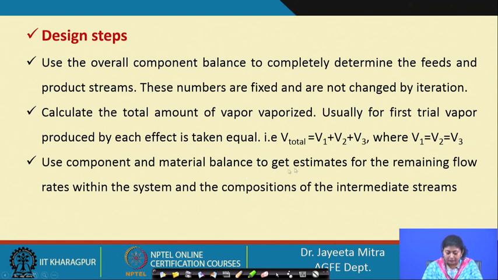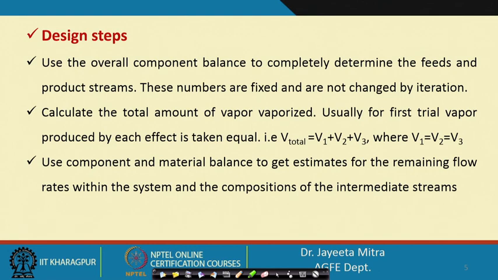That means we need to know the fraction of solid in the streams that are coming out, and that can be done by the component balance and the overall material balance.